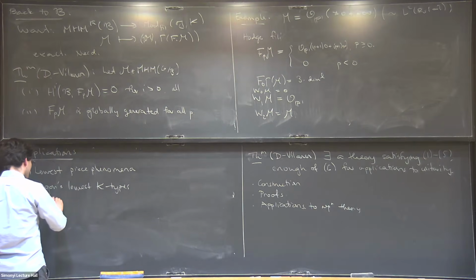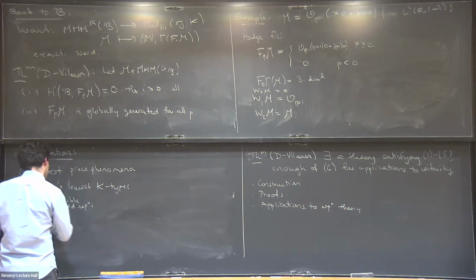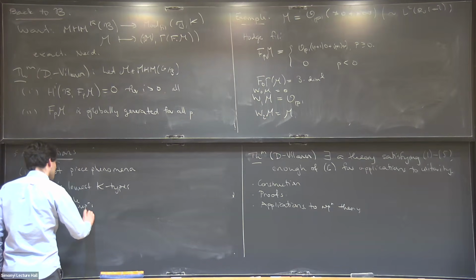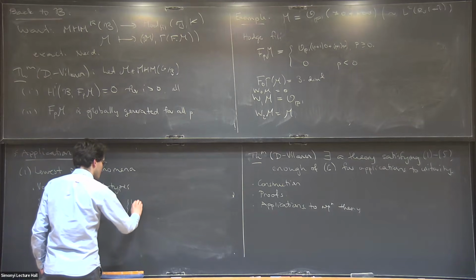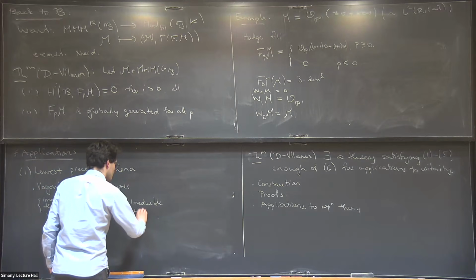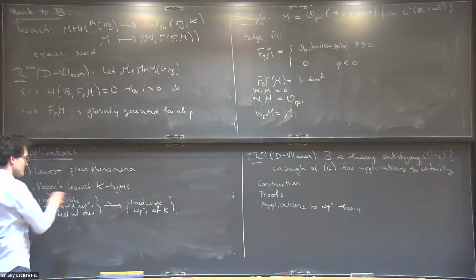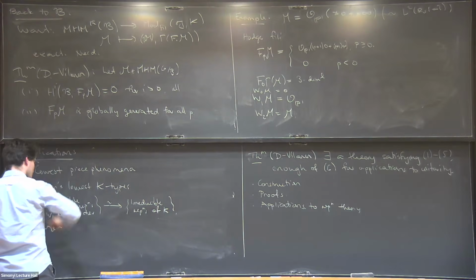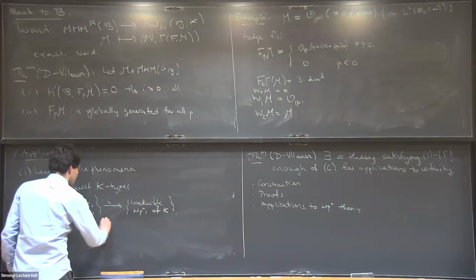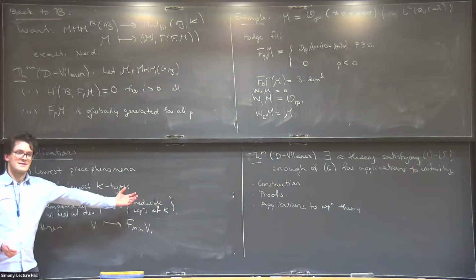One of the amazing facts is that if you restrict to tempered representations with real infinitesimal character, which is a nice class, then this lowest K-type map gives you a bijection between this and irreducible representations of K. Something that comes out of what we write in the proof of these theorems is that this map is V goes to F min of V. The lowest piece of a tempered representation is just its lowest K-type.